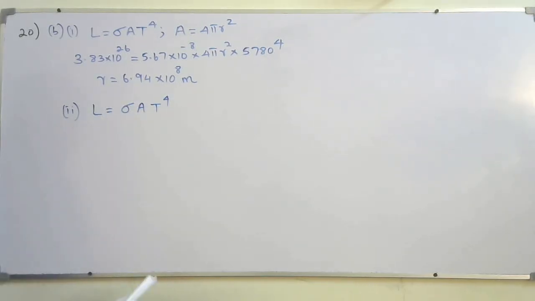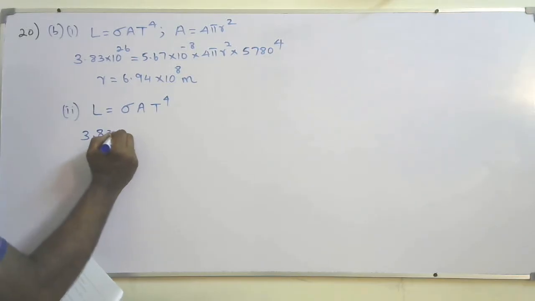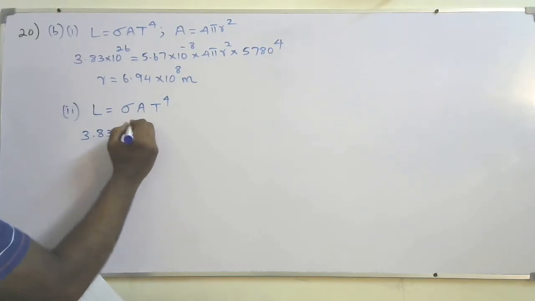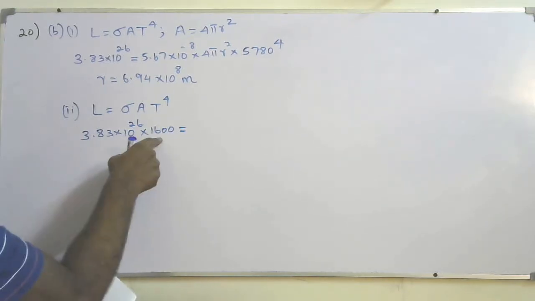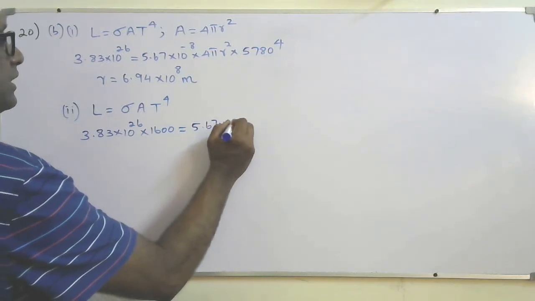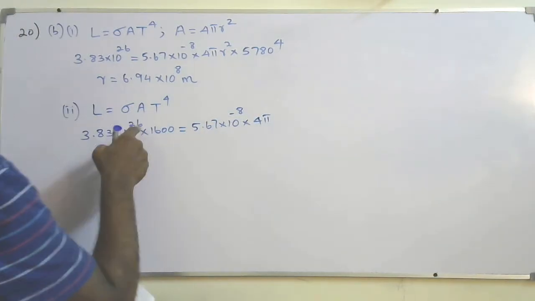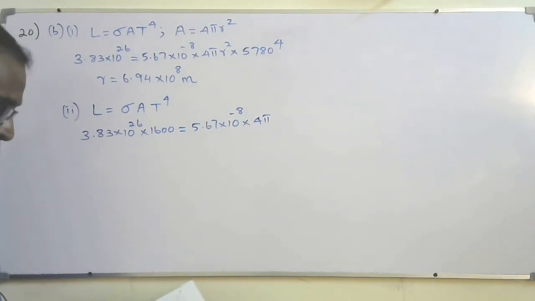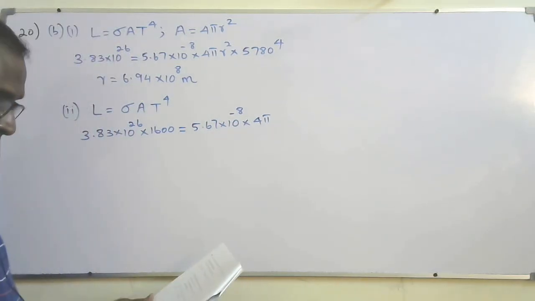L, they are giving as 1,600 times the present luminosity, so 3.83 × 10^26 times 1,600. Sigma, we know, is 5.67 × 10^-8. 4πr², because of surface area; the radius will become 150 times, so we should find the new radius.